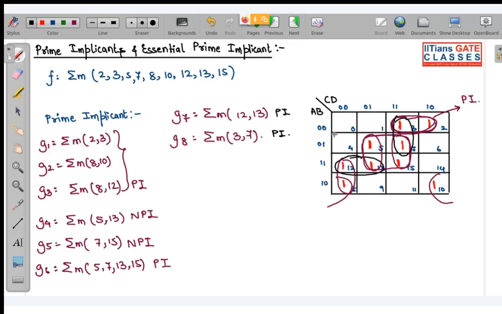It is the best possible grouping irrespective of the requirement. So what did I say? Prime implicant, it is the best possible grouping irrespective of requirement.